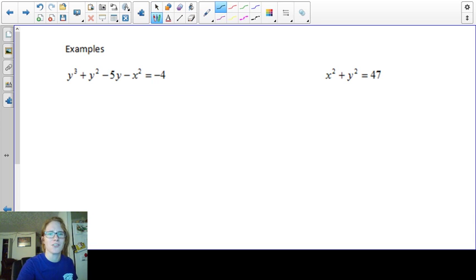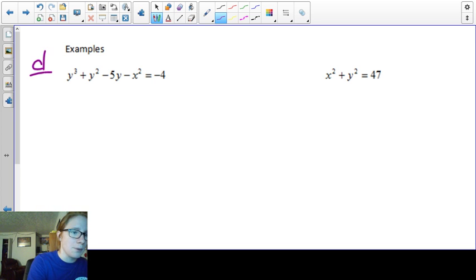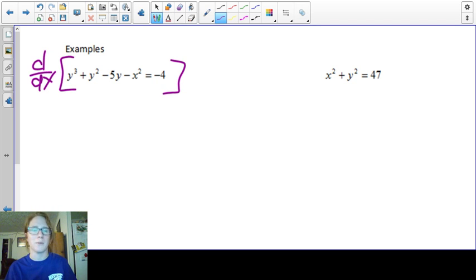If you notice in this first example, we're given y cubed, y squared, y, and x squared. So we're going to take the derivative of this whole thing with respect to x. Remember, we've seen this before when talking about derivatives, specifically when we talked about our rules.